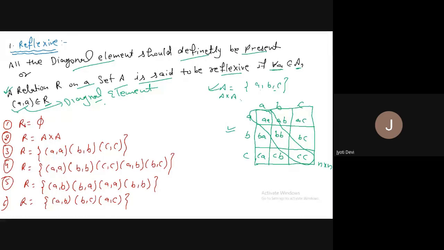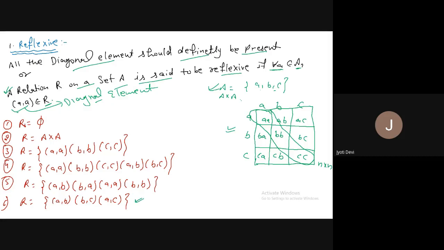Okay, for better understanding, let us solve some examples. I will solve any three. Now you tell me which one I should solve: 1, 2, 3, 4, 5, 6. Sixth one, ma'am.